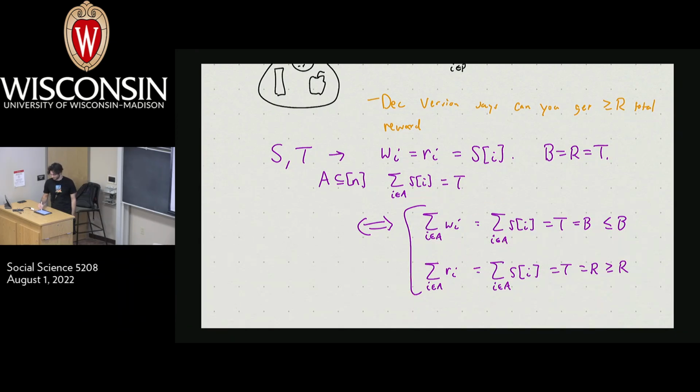Or how could they equal? Are those two sums equal? So s_i in this respect is the reward, correct? And it's also the weight.